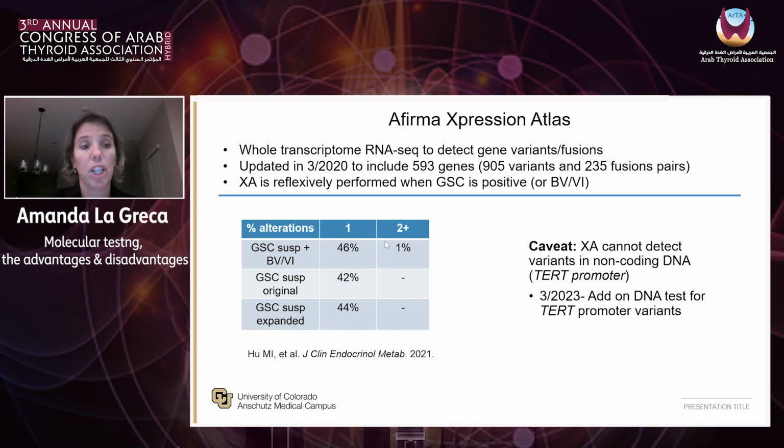And on the GSC suspicious Bethesda 5 and 6, there was more than one alteration in just 1%. The caveat of this is that the Expression Atlas cannot detect variants in non-coding DNA, for example, TERT promoters. So in March of 2023, it was added that you could add on a DNA test for a TERT promoter variant.